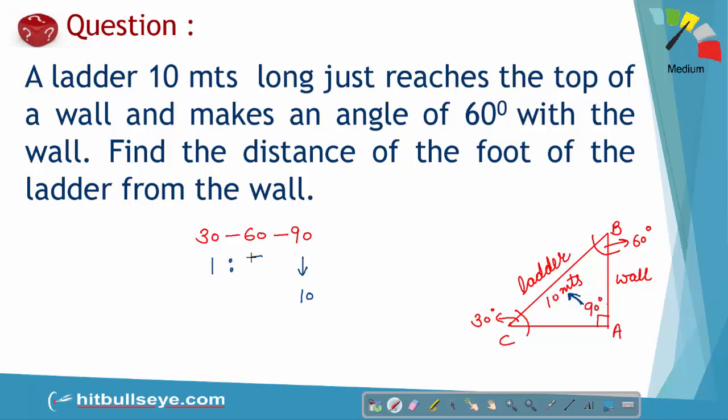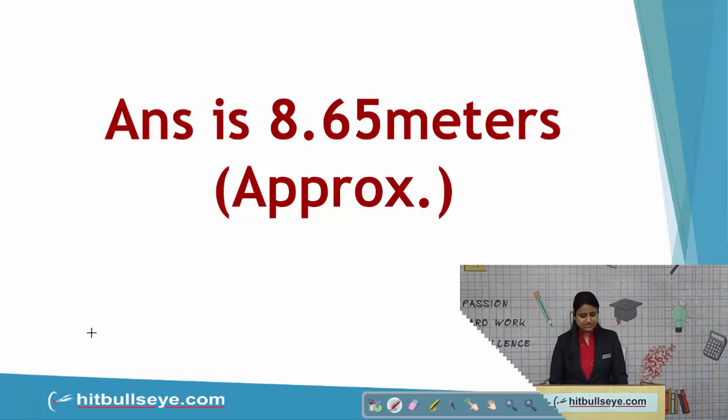And we know that the ratio should be 1:√3:2. So opposite to 30, it should be 5, half of that, and it should be 5√3 for the other side. We want to calculate AC, that is the length opposite to 60 degree. So what should be my answer? It should be 5√3. That is the answer, which comes out to be 8.65 approximately.